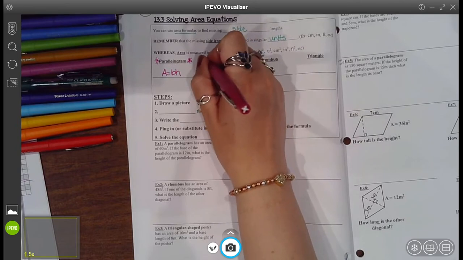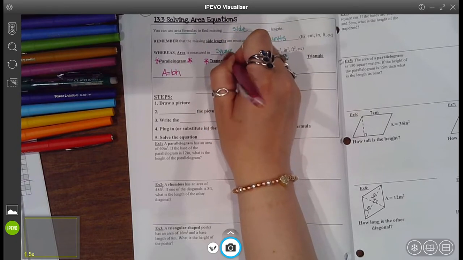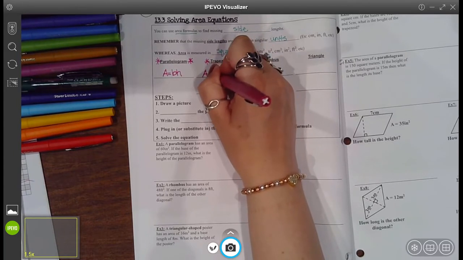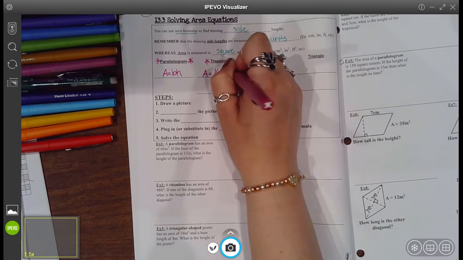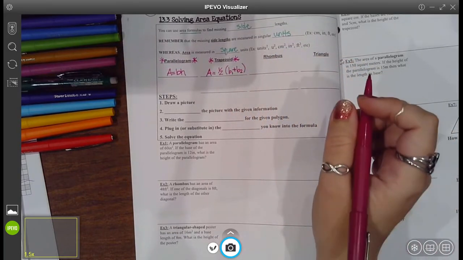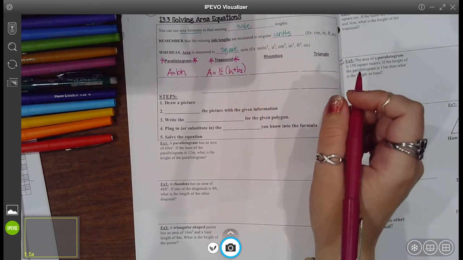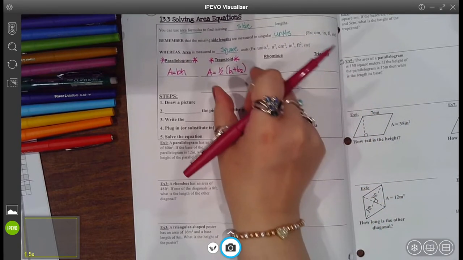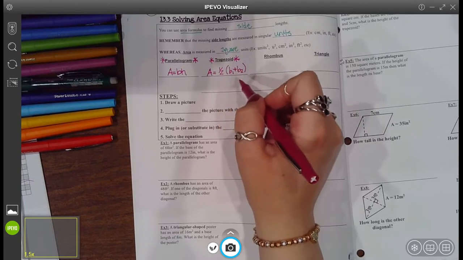A trapezoid, its area formula is 1/2 base 1 plus base 2, because remember it has two different base measurements, because it's not parallel on the sides, and so when they intersect, it makes your two bases different measurements.